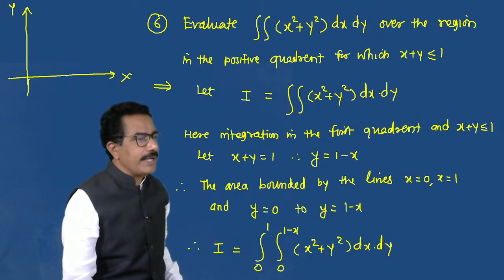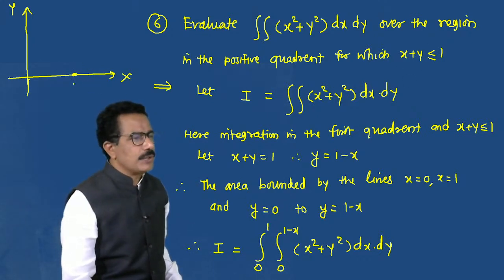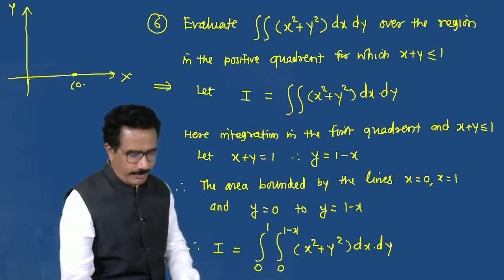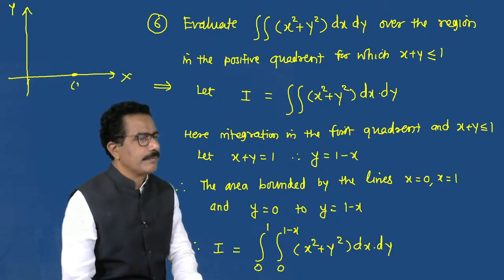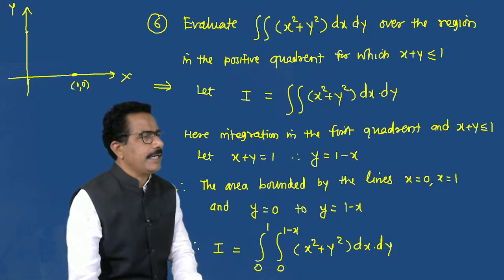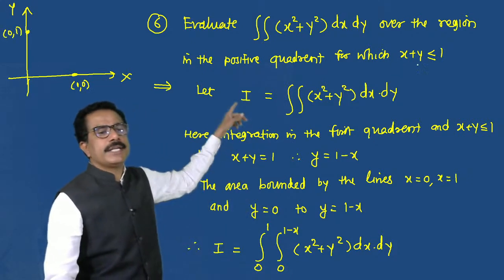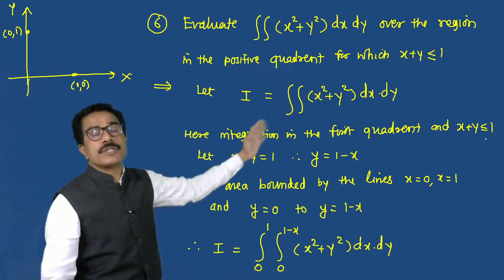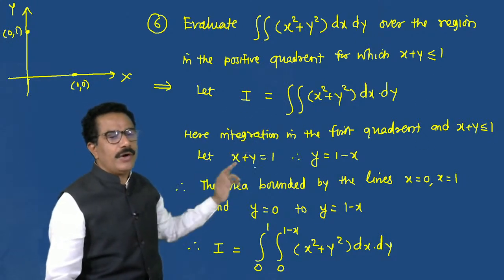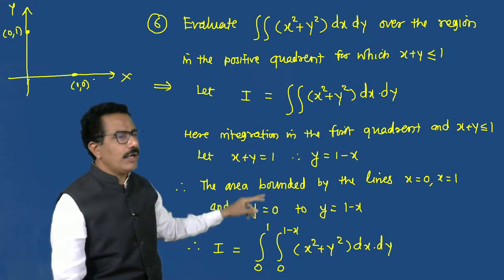If we put y equals 0, then we will get x equals 1. This point, now find this point, will be 1 comma 0. Second, it can be 0 comma 1. Take this condition: x plus y less than or equal to 1, consider that we have to find the area.